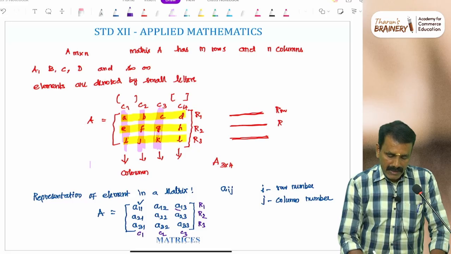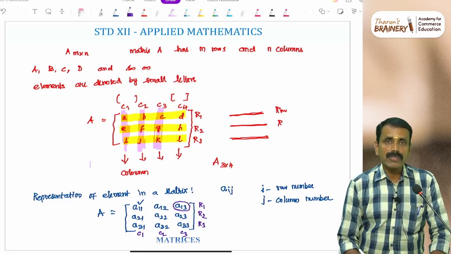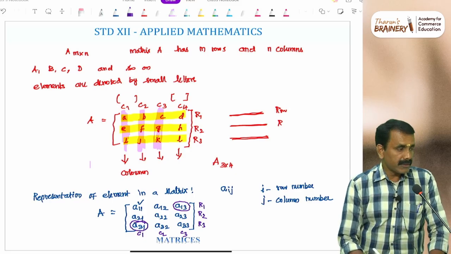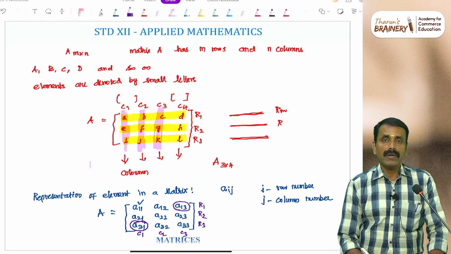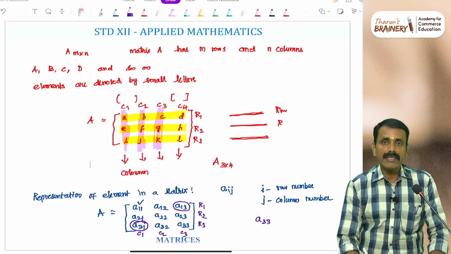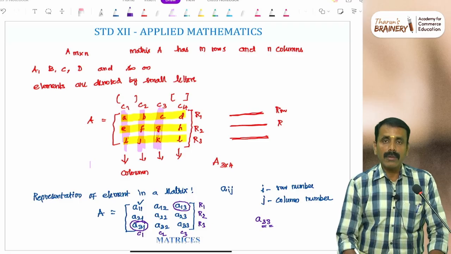Now, why is this written as a13? Because it is present in the first row, third column. How about a31? a31 is present in the third row, first column. So, if I write a33, then that element is present in the third row, third column of the matrix.